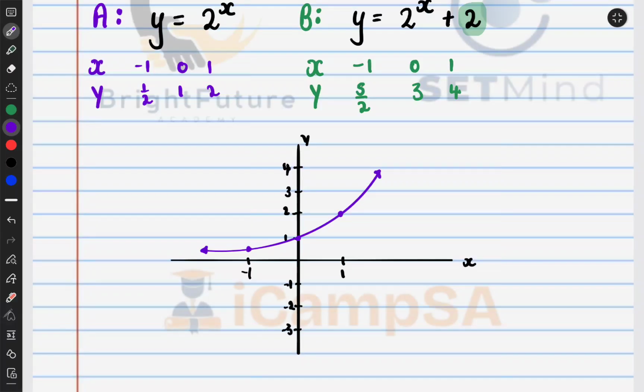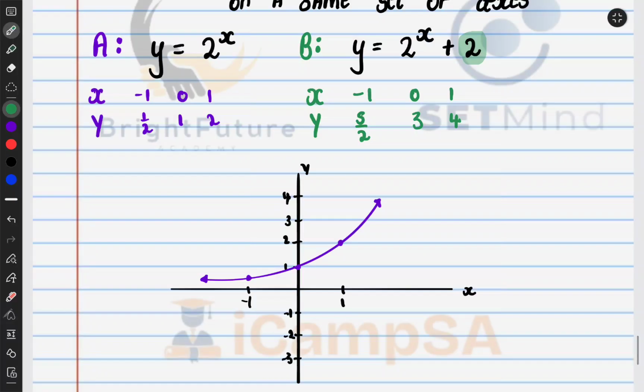We join the points. Then let's draw function b.